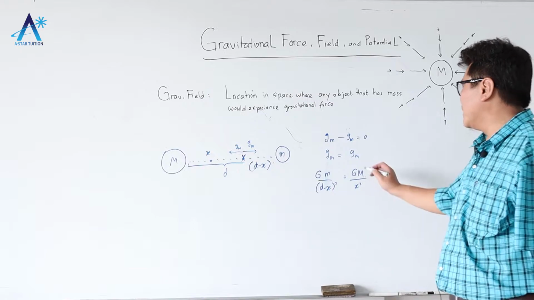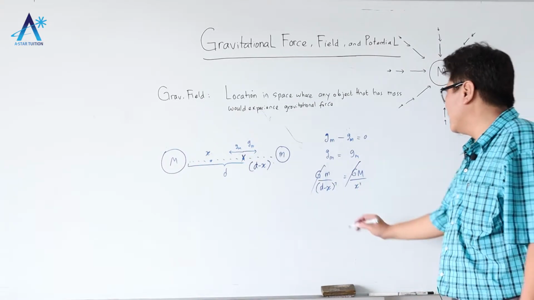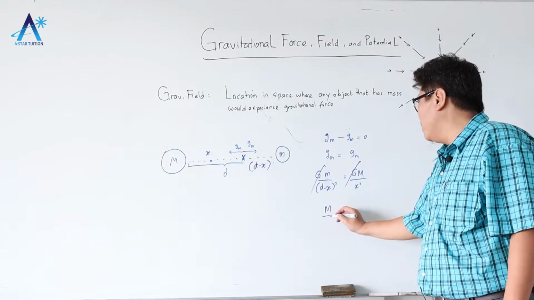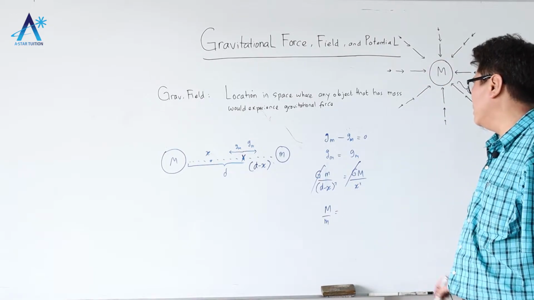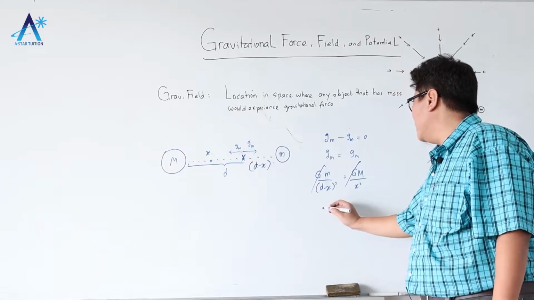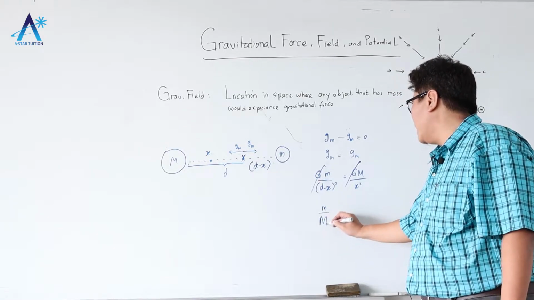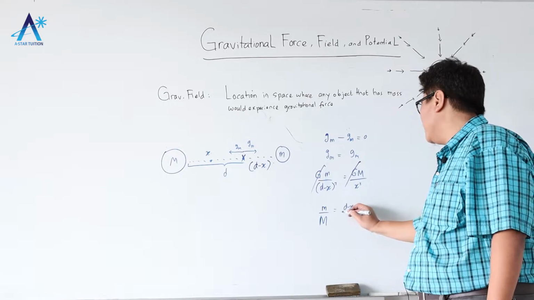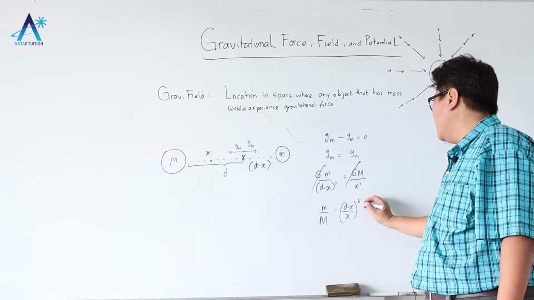And as always, we can cancel this, and then we can write lowercase m over capital M equal to d minus x over x squared.